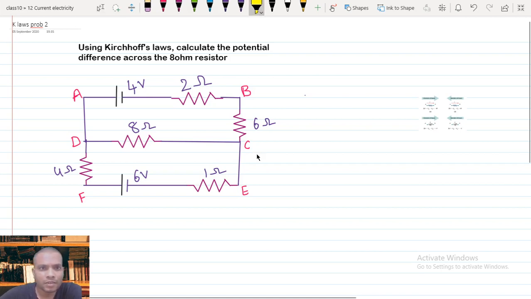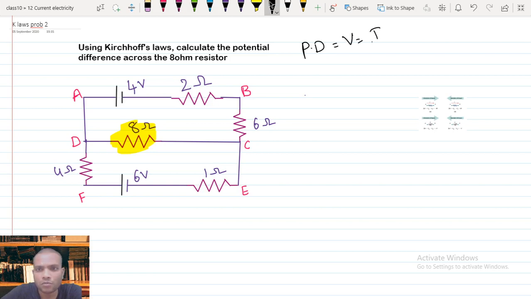In the given network, this is the 8 ohm resistance. Across it we need to calculate the potential difference. If you remember, potential difference V equals the product of current and resistance.